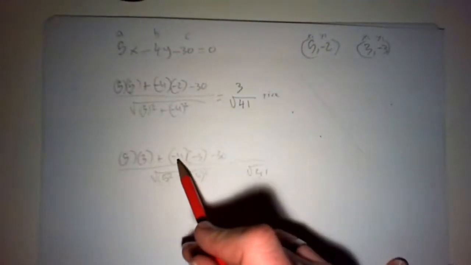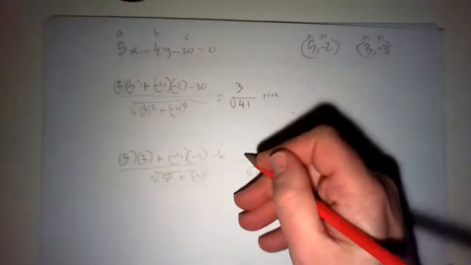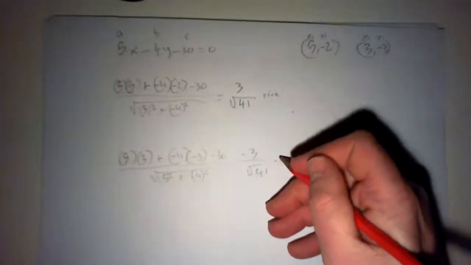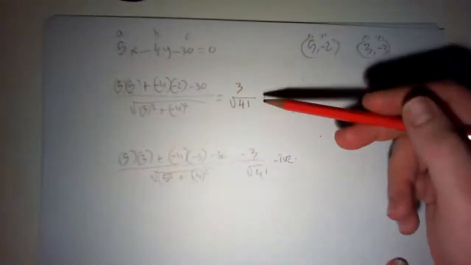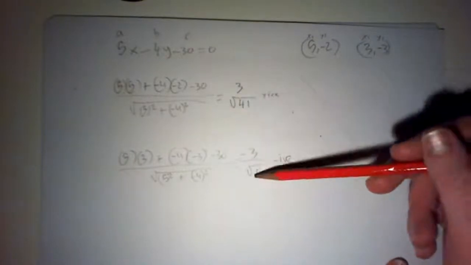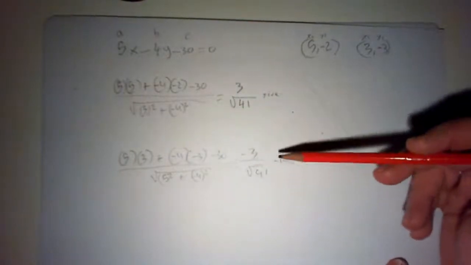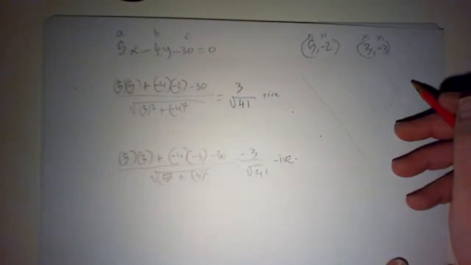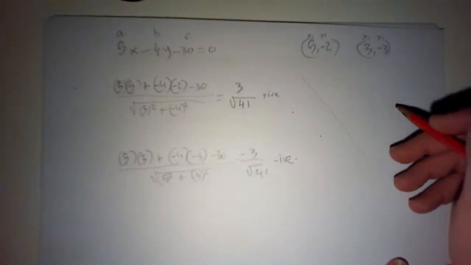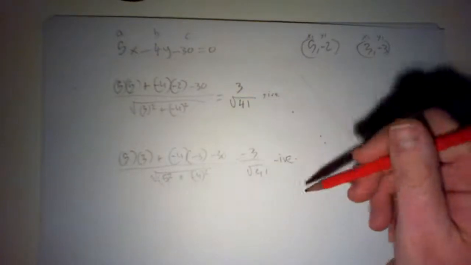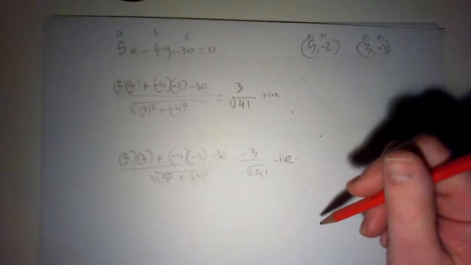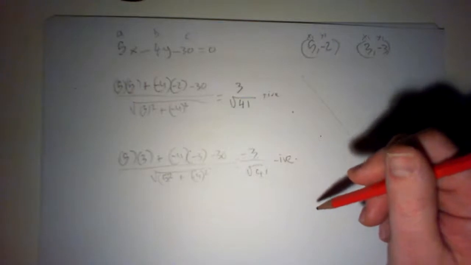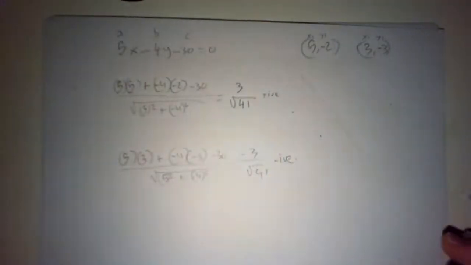We've got 15 plus 27, that's minus 3. Aha, negative. So same distance apart, but opposite signs. What does that mean? It means that they're on opposite sides. The points are on opposite sides of the line. Okay, so that's the trick with those ones.